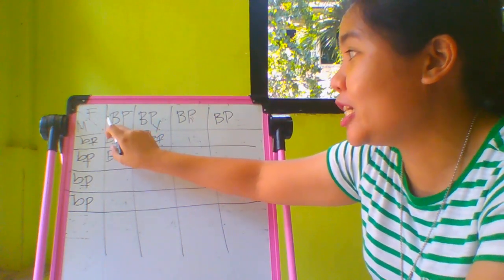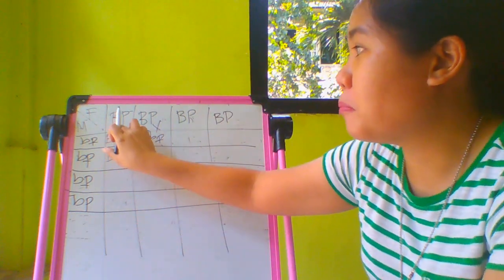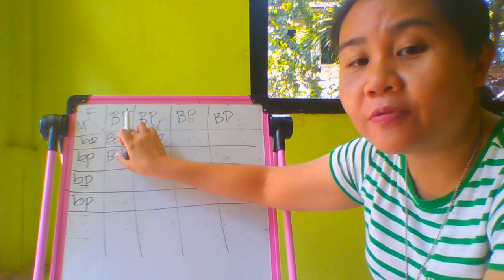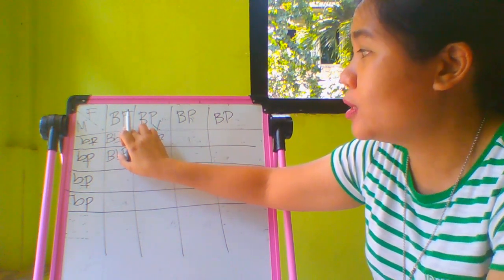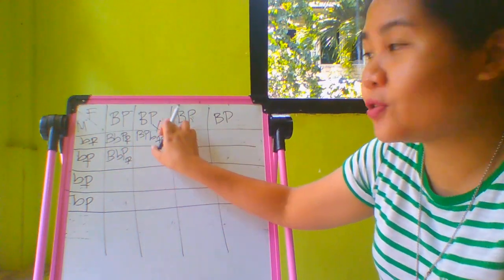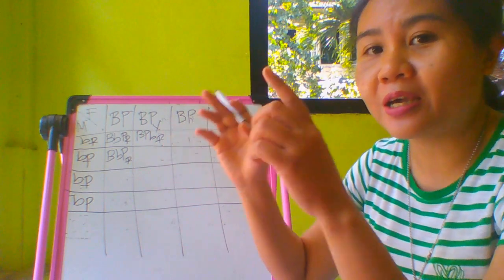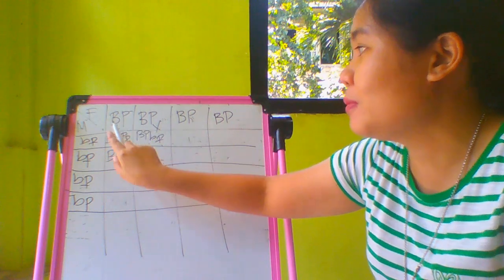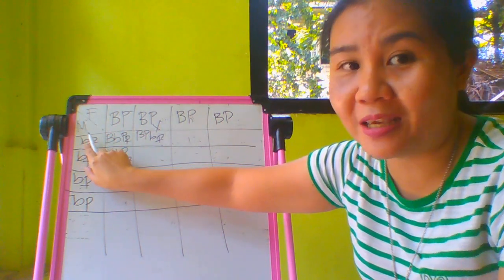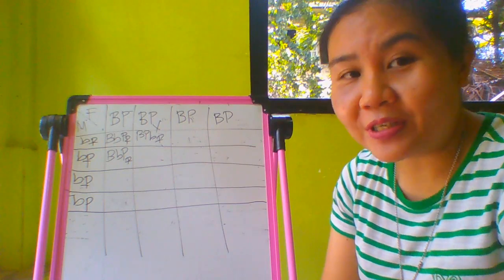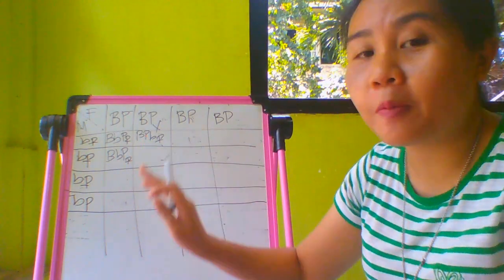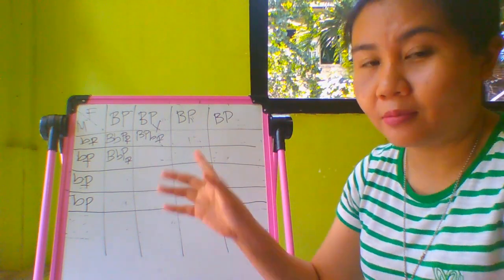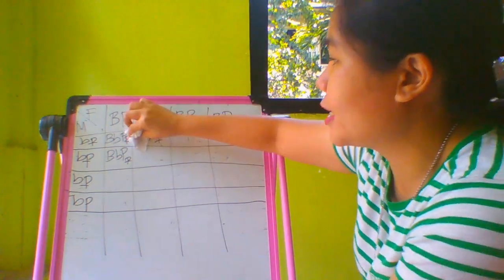These are the genes for black, the color of the animal, and this is the gene for whether the animal has horns or not. If you mix it up like this, it is automatically wrong, because each gene should be paired with its proper gene. So B should be paired with the letter B. Do you understand? These are some of the common mistakes that my students often commit in our Punnett square exercises.